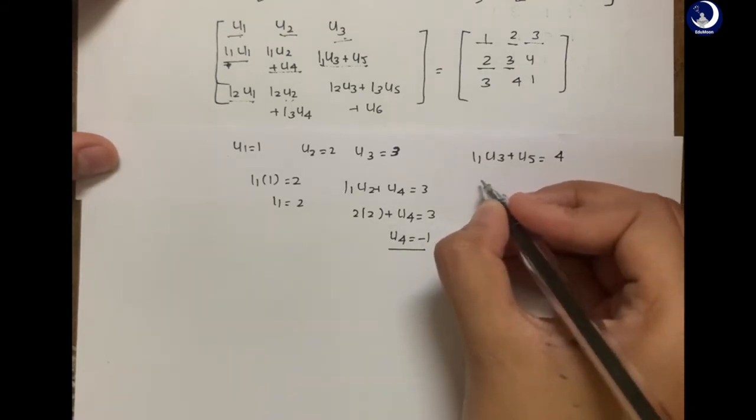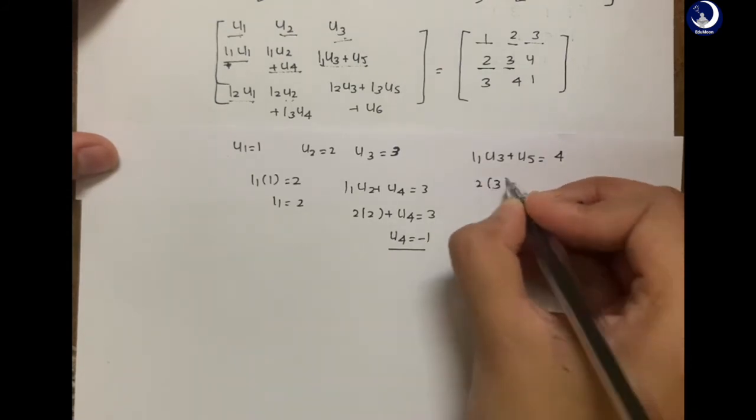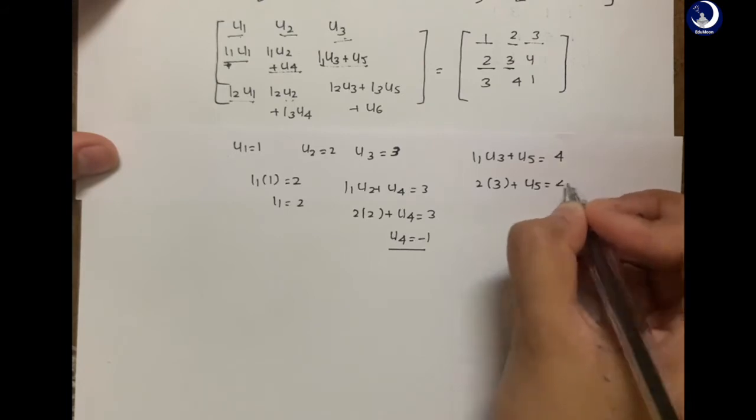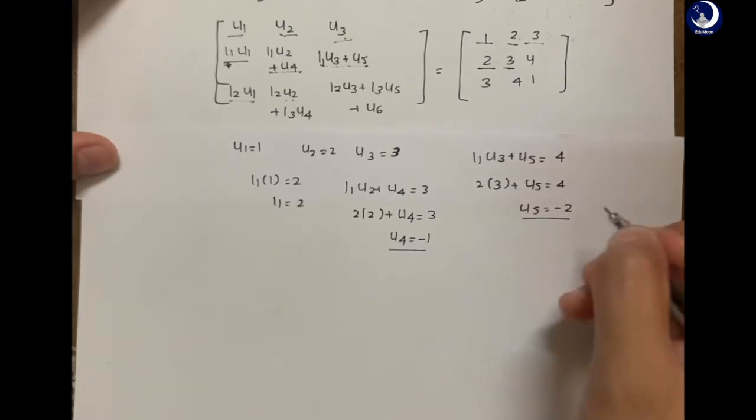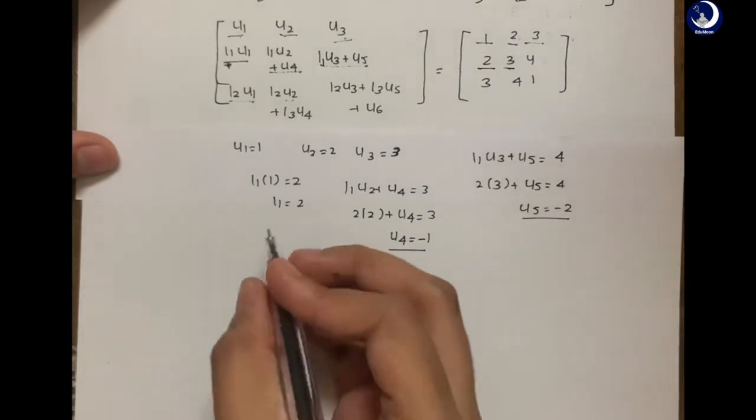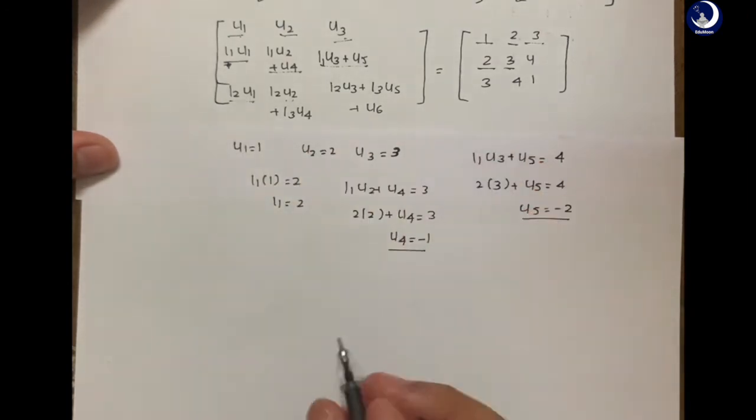So L1 equal to 2 and u3 equal to 3. u5 equal to -2. Now L2 u1 equal to 3.